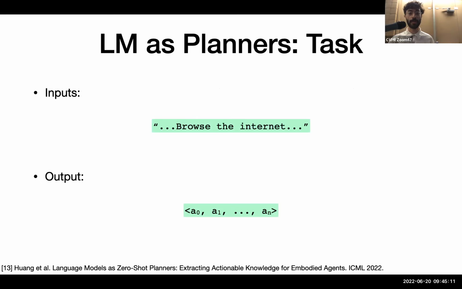And as an output, we want a sequence of actions that will achieve this task. In this paper, the actions are pretty abstract, but you can imagine for each abstract action, you could have a bunch of lower level actions that implement that high level action. So this is how these things are related to robotics ultimately.